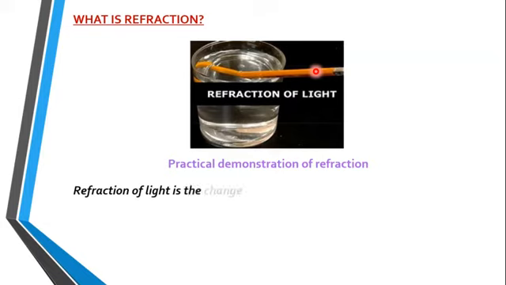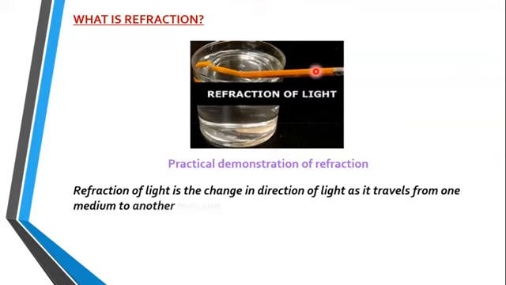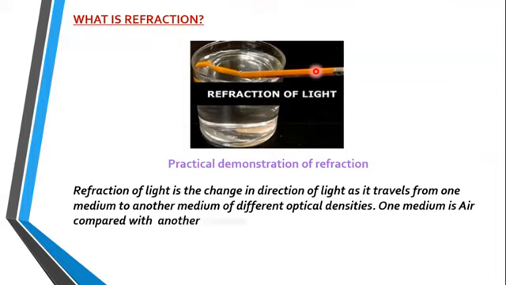Refraction of light is a change in direction of light as it travels from one medium to another medium of different optical densities. One medium is air compared with another medium, which is either glass or water.